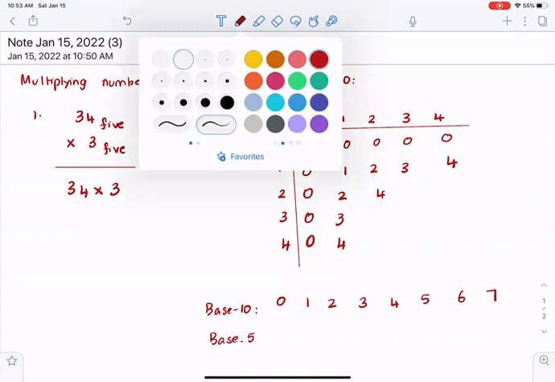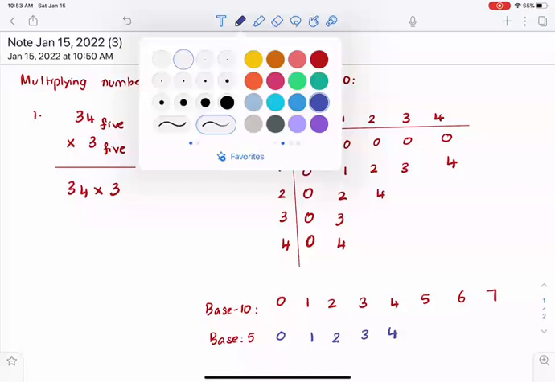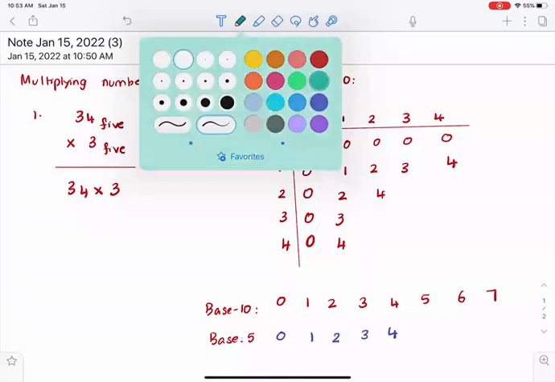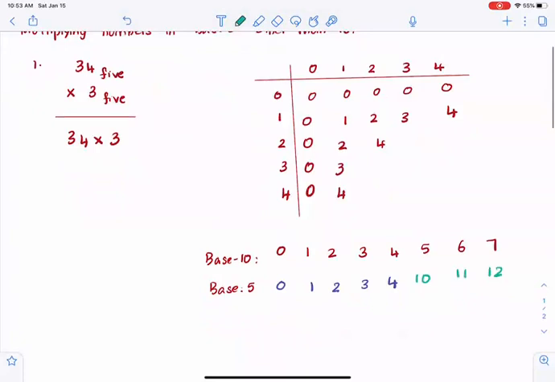The first 5, not a problem. 0, 1, 2, 3, 4. We have to cycle, pick the next digit, and do 1, 0, 1, 1, 1, 2. 8 would be 1, 3. 9 would be 1, 4.